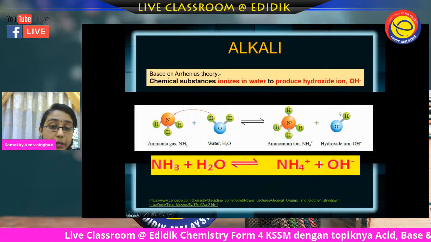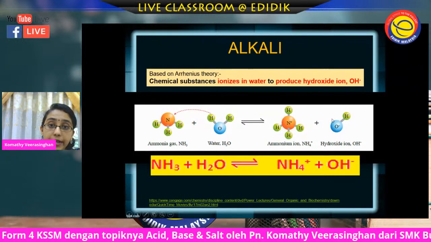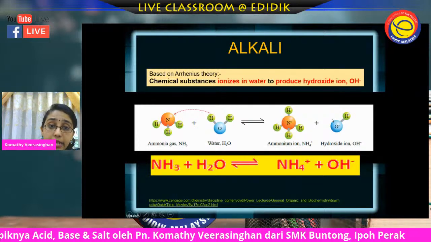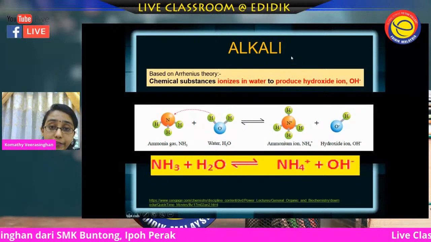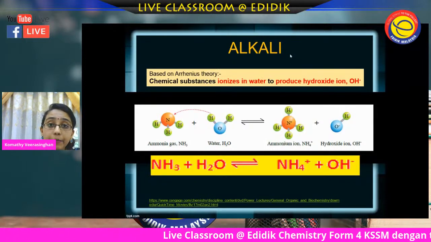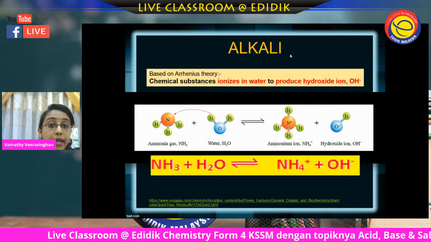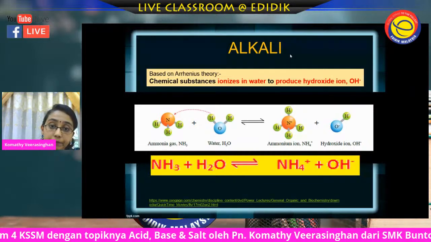The moment ammonia dissolves in water and produces hydroxide ions, we can say ammonia is an alkali, because the definition of alkali is, remember the two keywords: ionizes in water, and alkali will produce hydroxide ions.